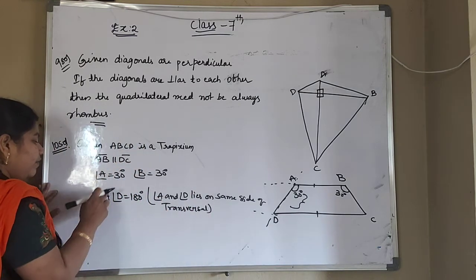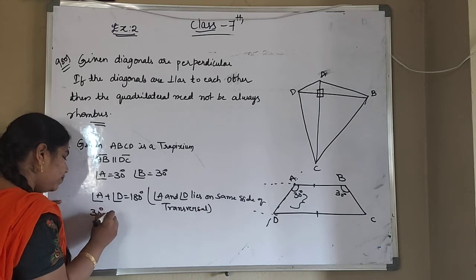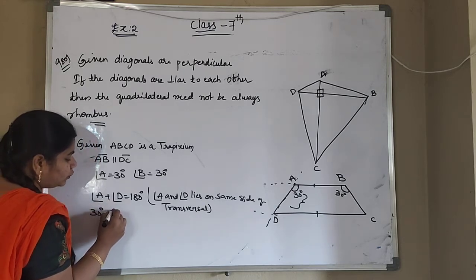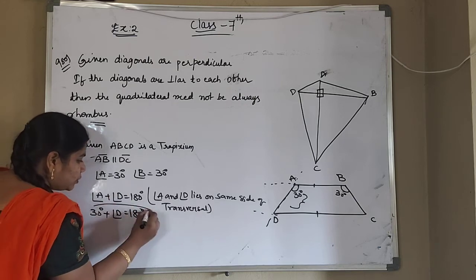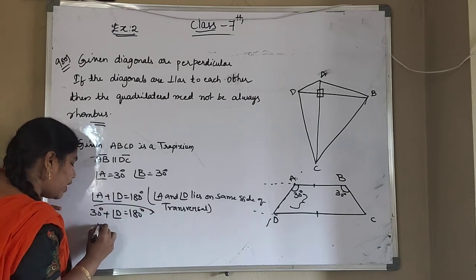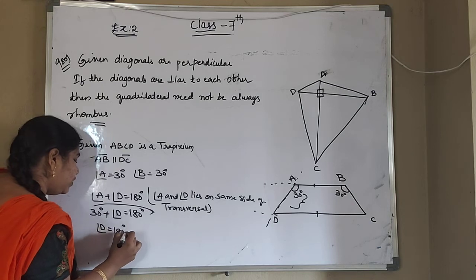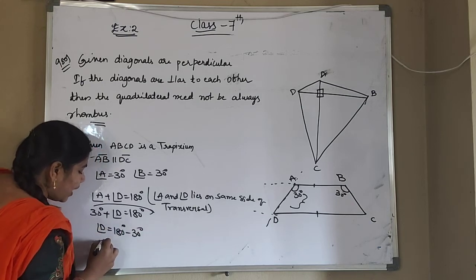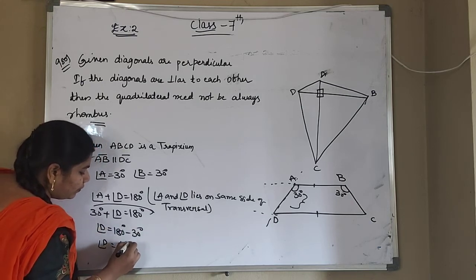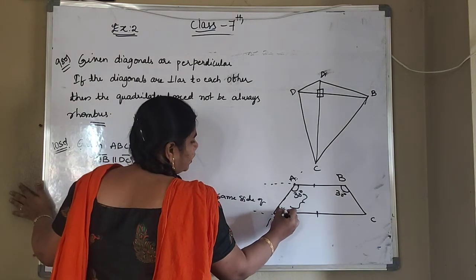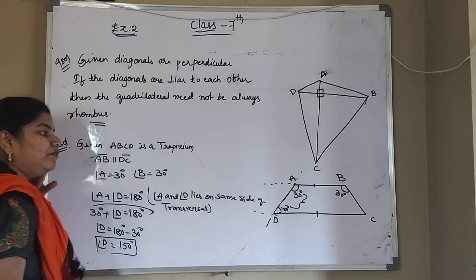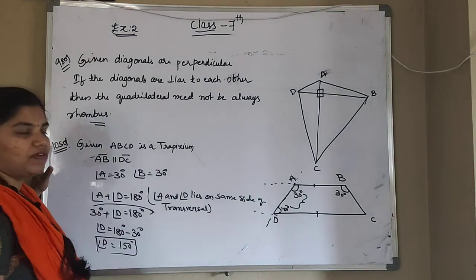Angle A value is 30, plus angle D value, which we have to find, is equal to 180. So transposing 30 to the other side, angle D is equal to 180 degrees minus 30 degrees. So angle D is 150 degrees.